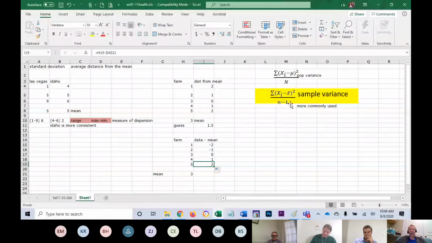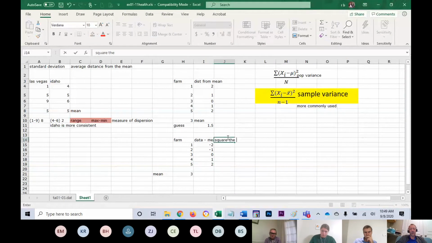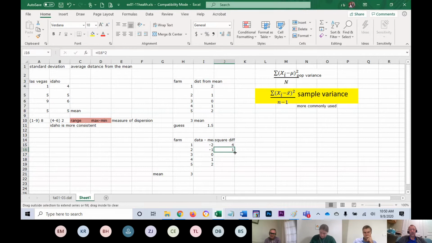Okay. All right, now according to the order of operations, the next thing I'm going to do is square the difference. So I'm going to take -2 and square it, which is 4. I'm going to take -1, square it, which is 1. 0 squared is 0, 1 squared is 1, 2 squared is 4, okay?